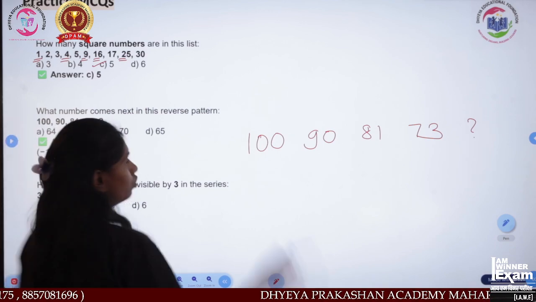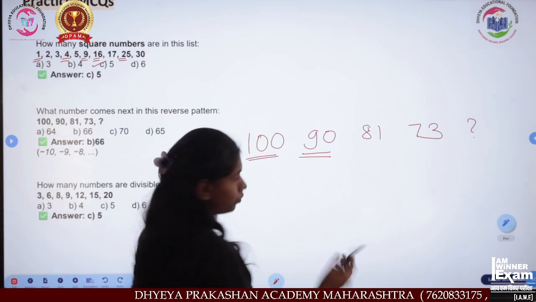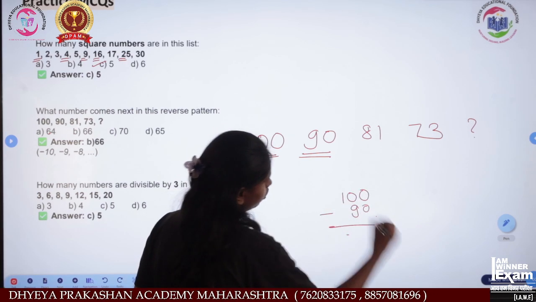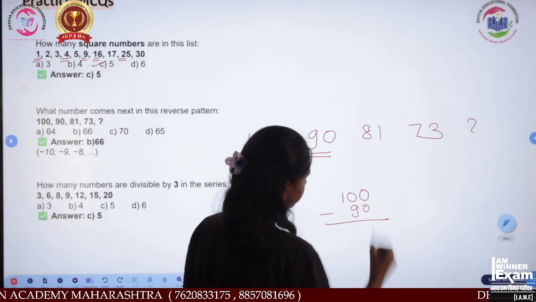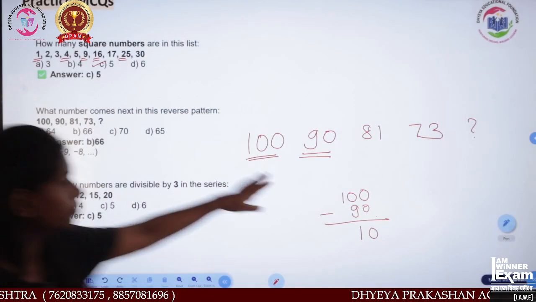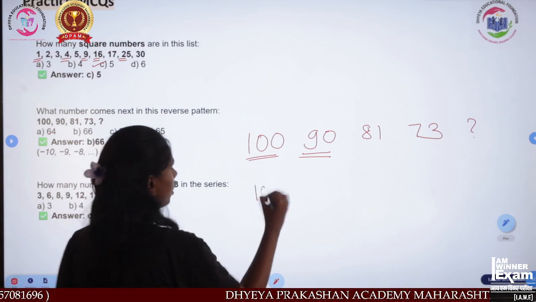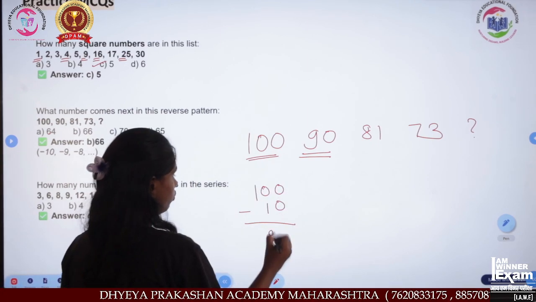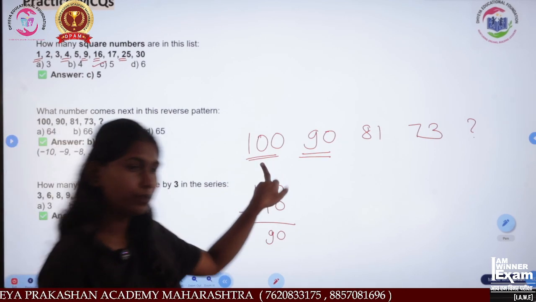Now, if you look carefully, this 100 and this 90, if you minus 100 minus 90, you will get it as 10. Means here they minus 10, 100 minus 10. So you will get the answer as 90.